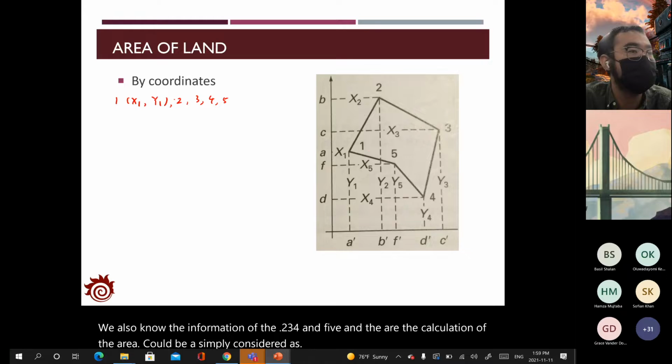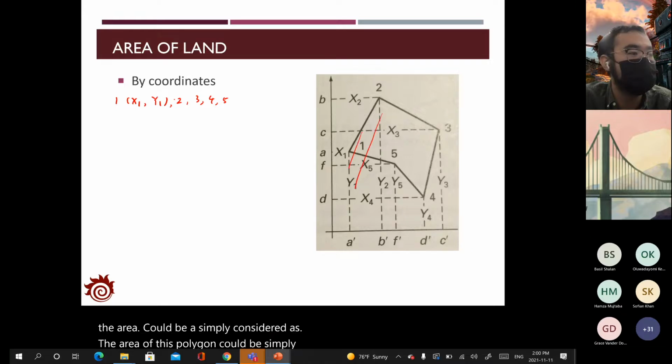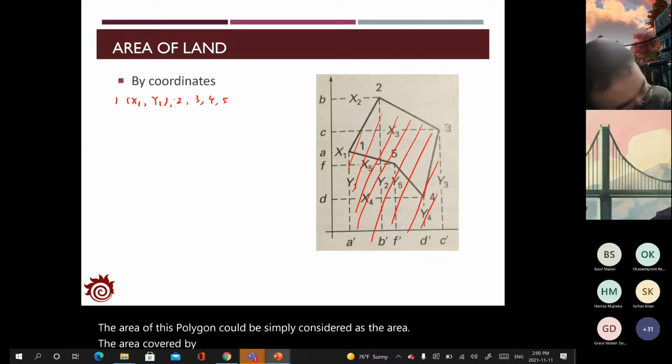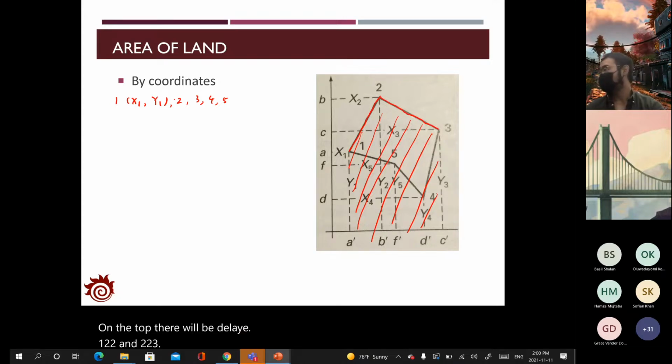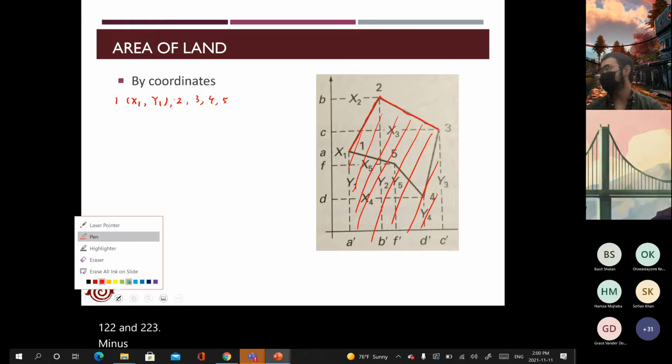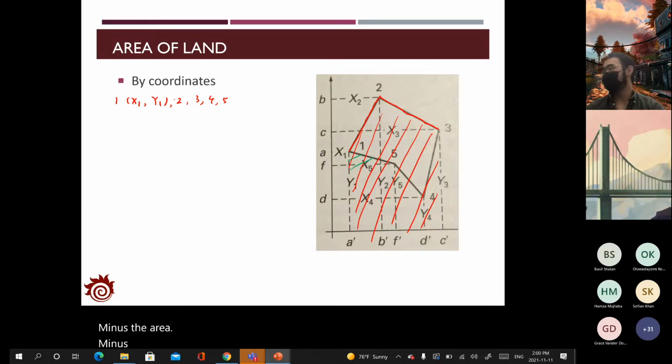The area of this polygon could be simply considered as the area covered by the line on the top, that will be the line 1 to 2 and 2 to 3, minus the area covered by the lines behind, which will be the line 3 to 4, 4 to 5, and 5 to 1.